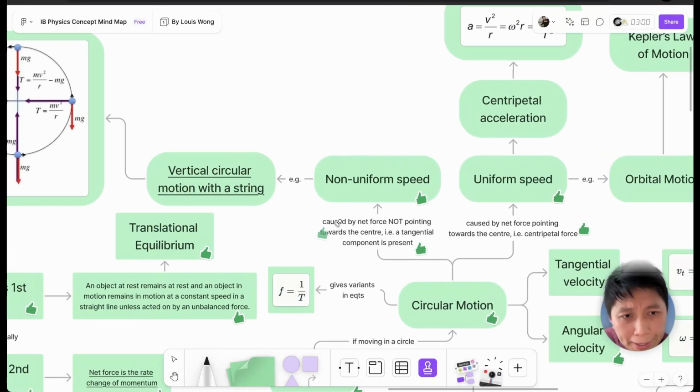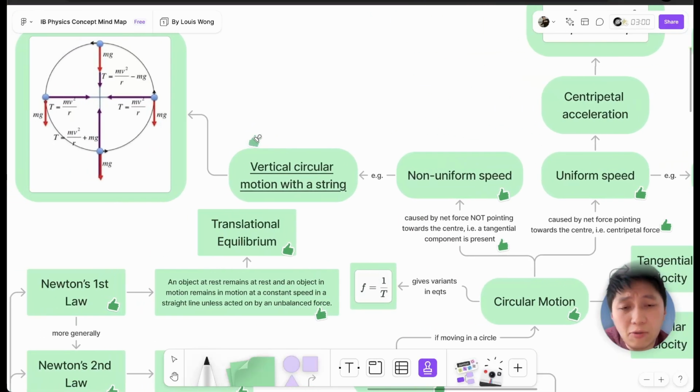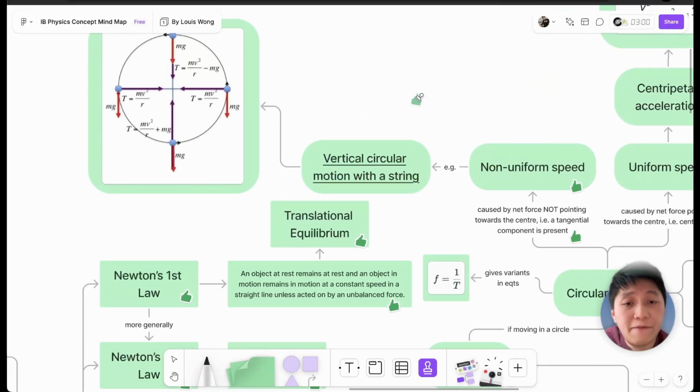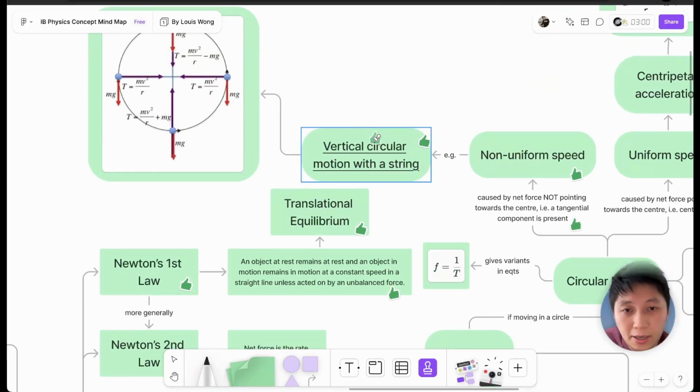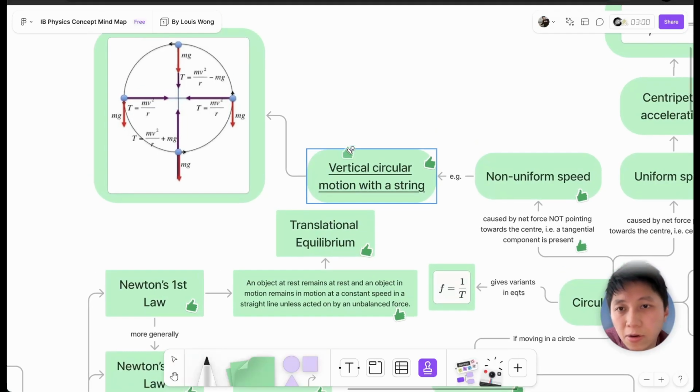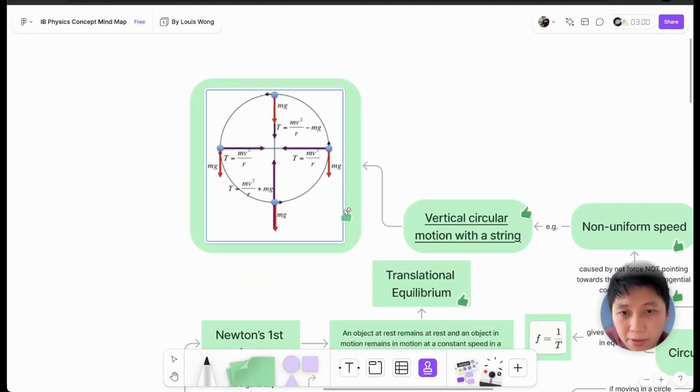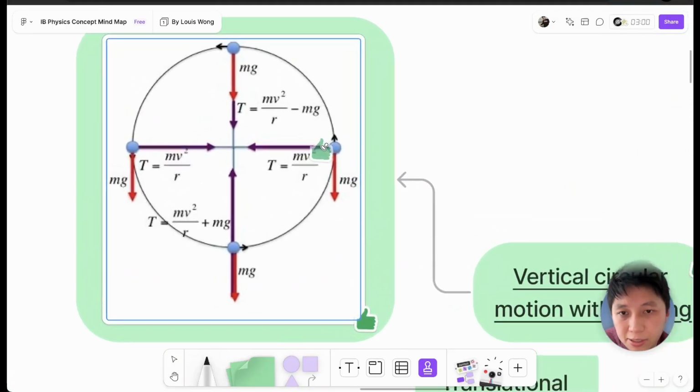In those cases, one example could be a vertical circular motion with a string. Again, if you want, you can refer to the video, or to a very simple diagram here. As you can see, at the top the forces will be different. Don't even look at the equation, just look at the two arrows.